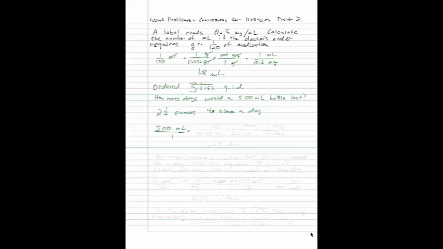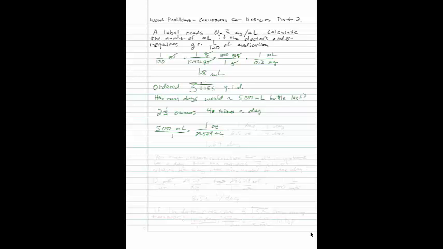So let's convert milliliters to ounces, going to page 266. And our conversion factor for that is 29.574, almost 30. 29.574 milliliters is 1 ounce.